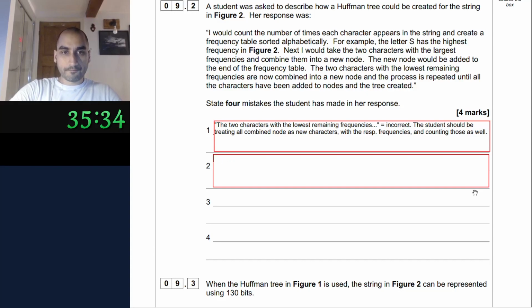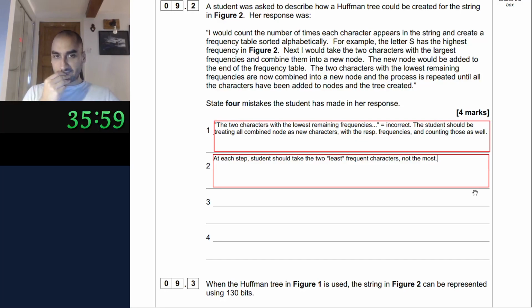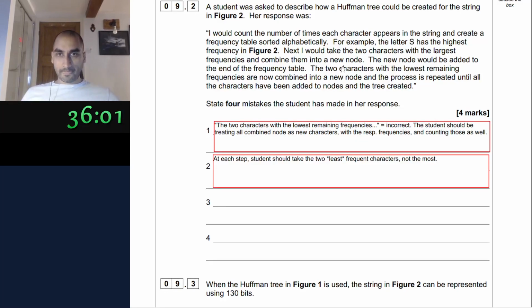Good. At each step, student should take the two least frequent characters, not the most. Yeah, that's okay. Process is repeated until all the characters have been added to nodes and the tree created.